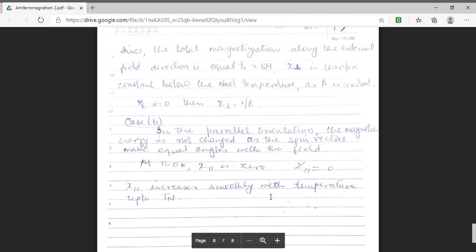Hence, on applying a field parallel to the direction of spin, chi parallel, the susceptibility, is 0. This is the condition at T equal to 0. But as the temperature increases, chi parallel also increases.